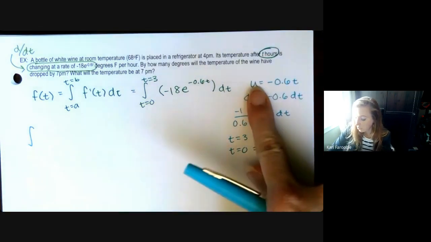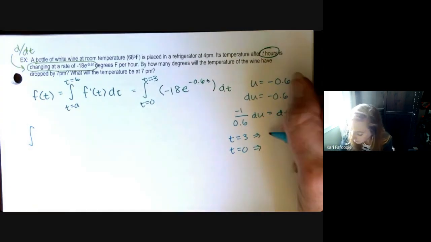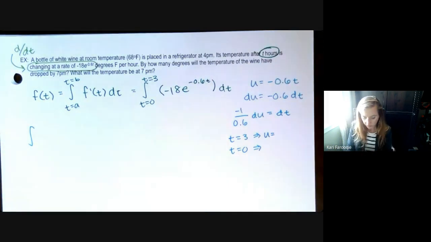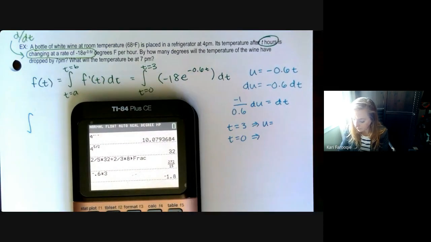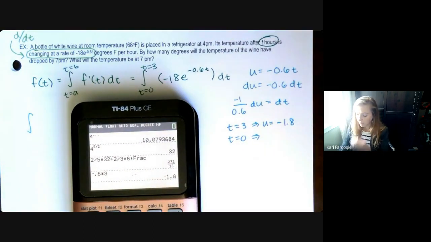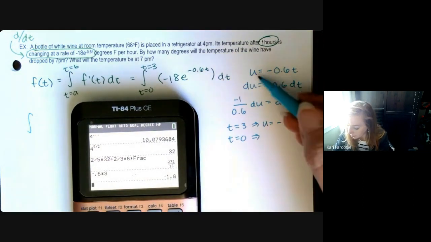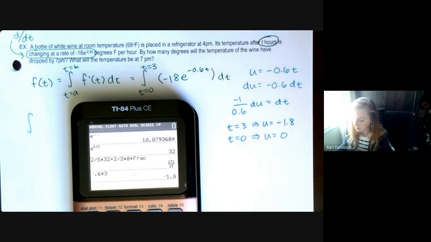And we know that u is negative 0.6 times t. So u equals negative 0.6 times 3, which is negative 1.8. And for 0, u would be negative 0.6 times 0, so u would be 0.